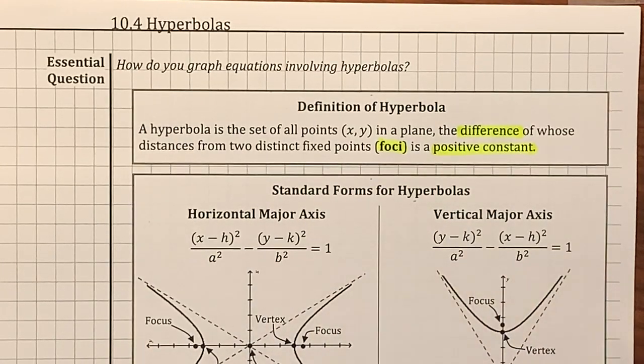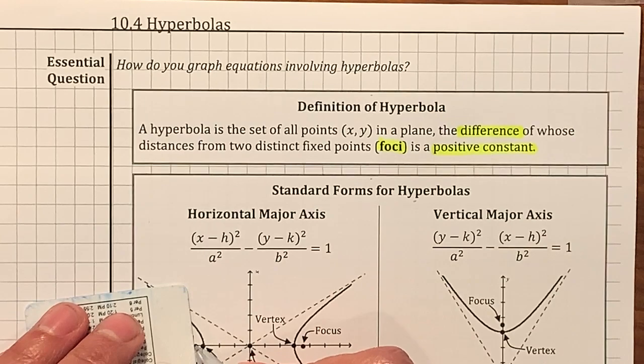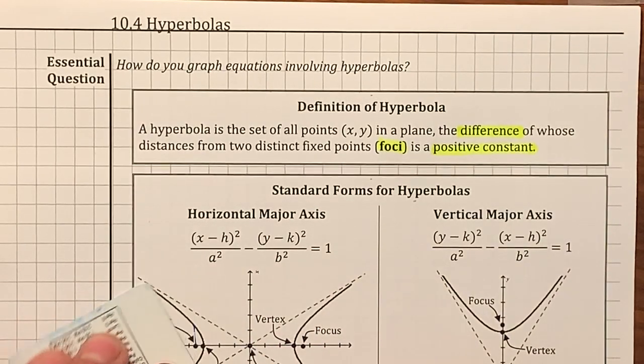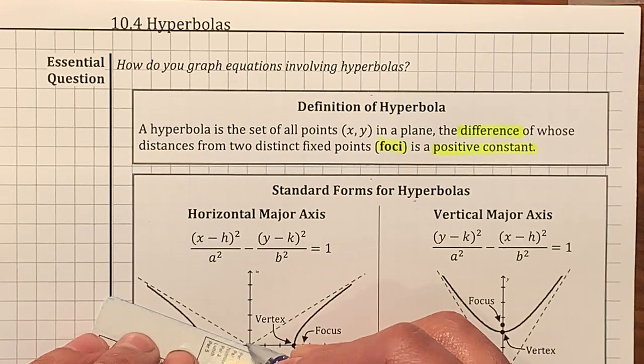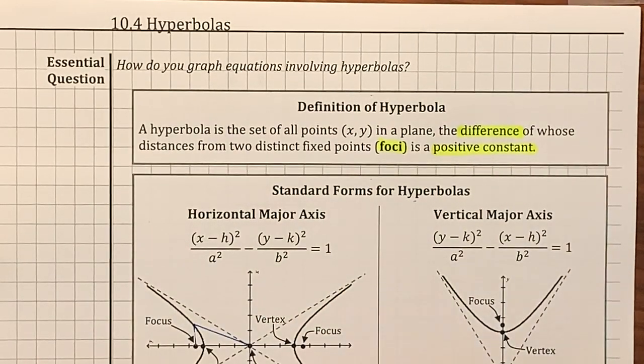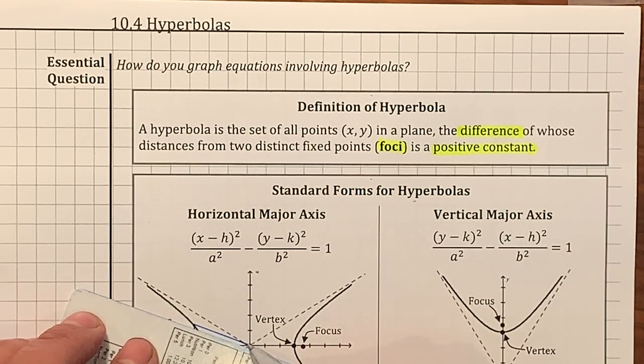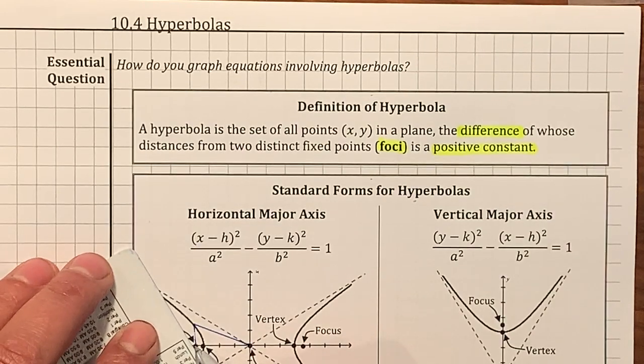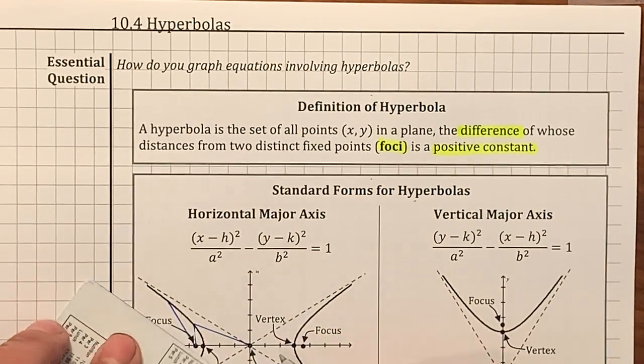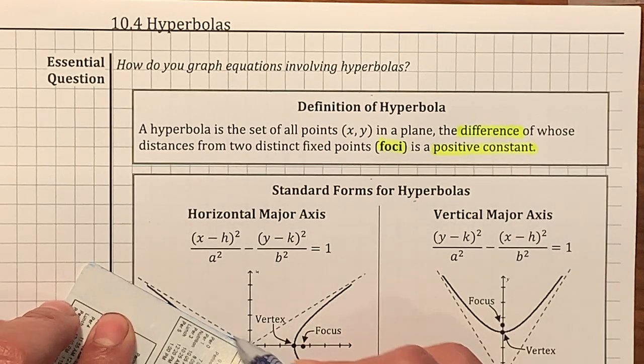So therefore, the distance between two points: if I take a line from my foci anywhere on my hyperbola and go back to my center, if you subtract those two segments, you'll get a constant. It will be the same wherever you go from your focus on your hyperbola and back to your center.